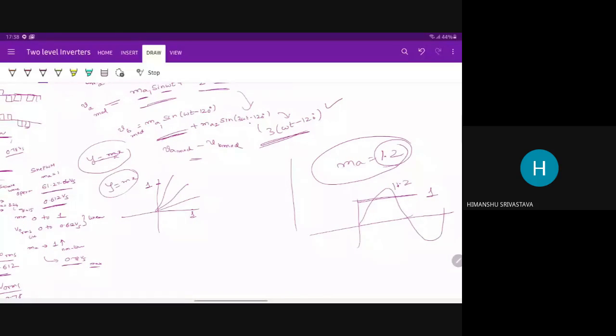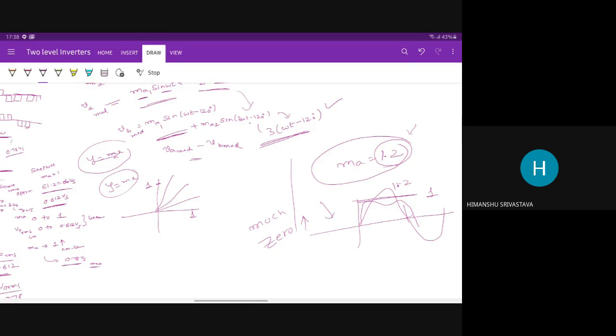So now you need to write some algorithm. If you want to make the same output voltage, you need to calculate how much zero sequence voltage you need to inject in this waveform so that this waveform is within the limits of plus or minus 1.